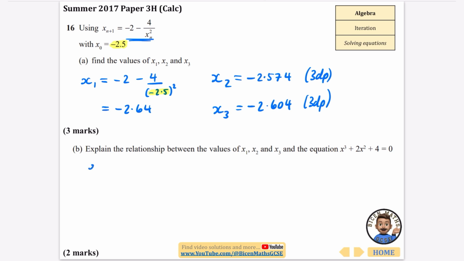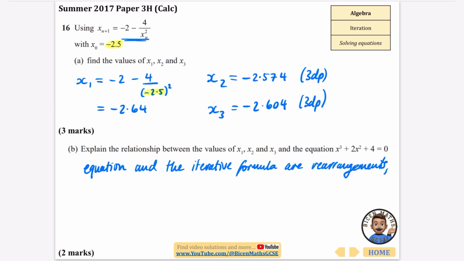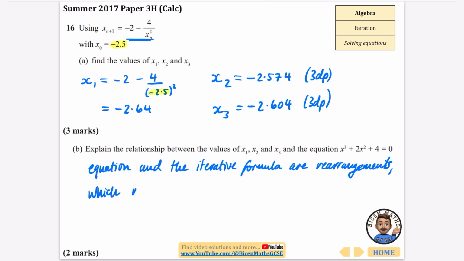So I'm going to say that the equation and the iterative formula are rearrangements. Which means x1, x2 and x3 are estimates for the solution to the equation.